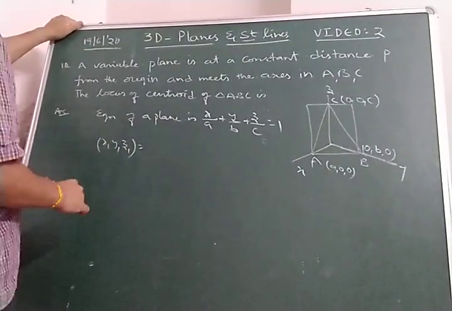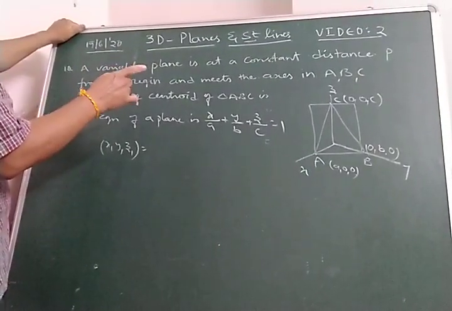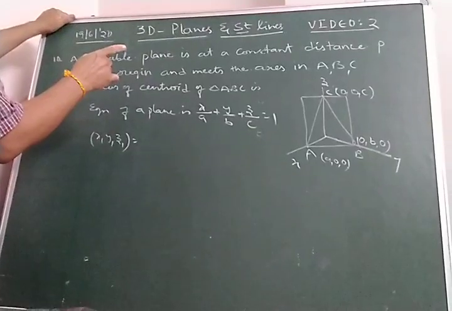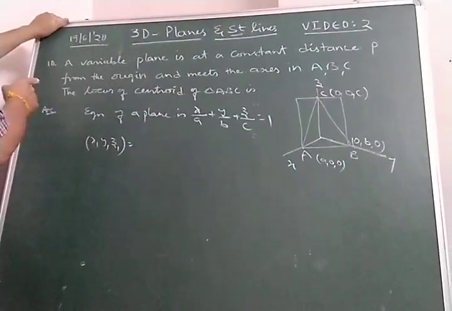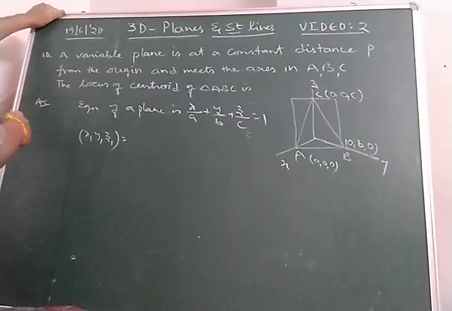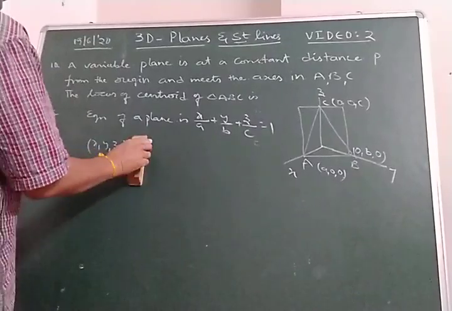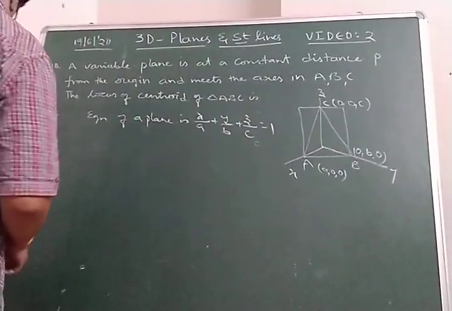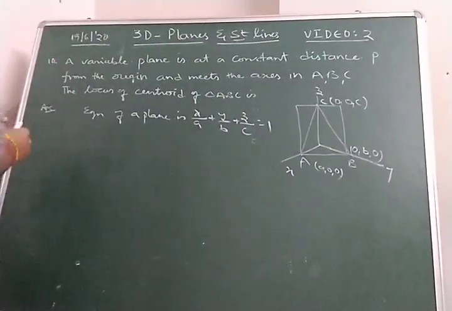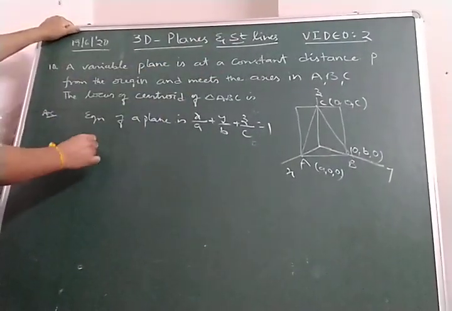the distance from the origin is a constant distance. Given the distance from the origin to the plane is p units.